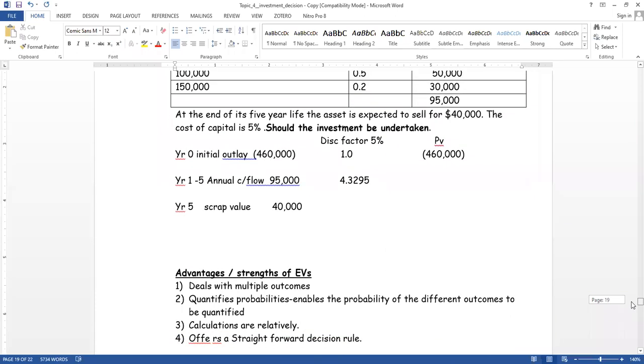Yes. Thank you. So what do you have? How did we get 40 as scrap value? Is here. The asset is expected to sell Oh. Okay, I get it. Yeah, thank you. for 40,000. Mm.